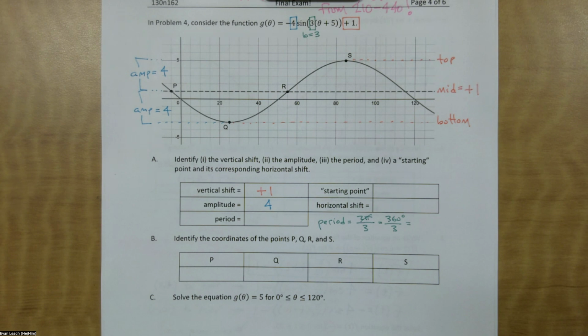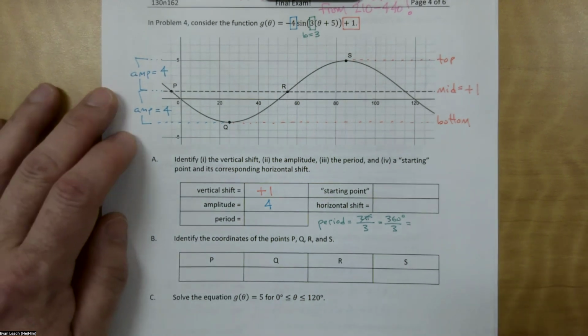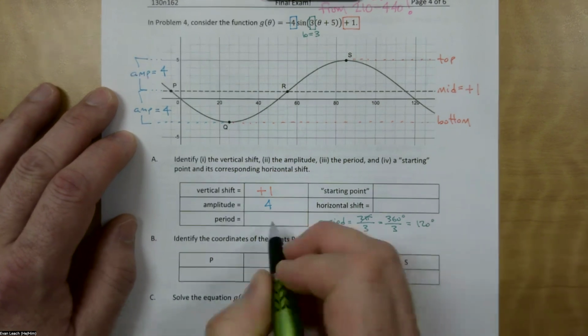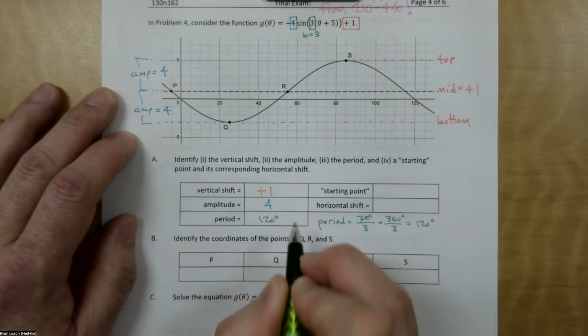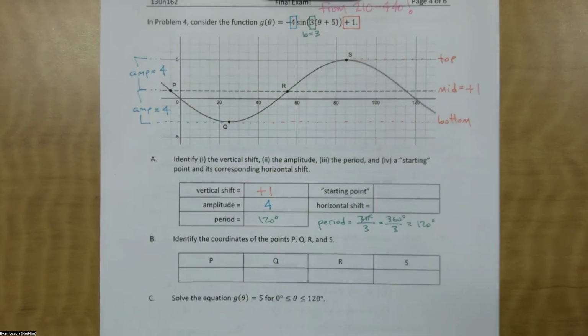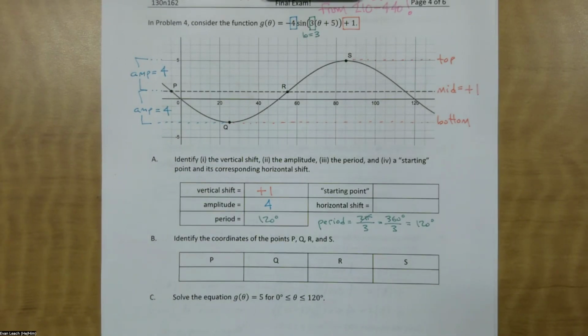So the period of this function is 120 degrees. 2 pi divided by b, or in this case, 360 degrees divided by b, is the period of the function.